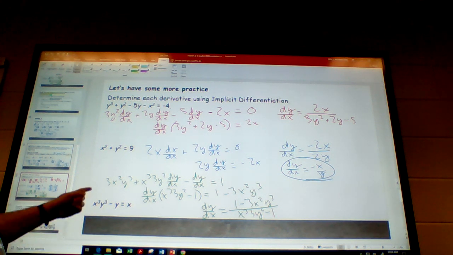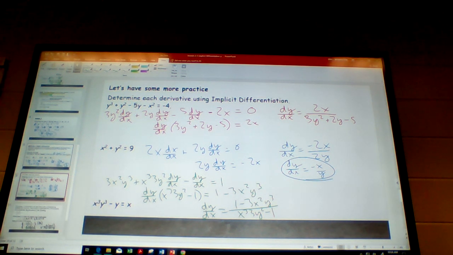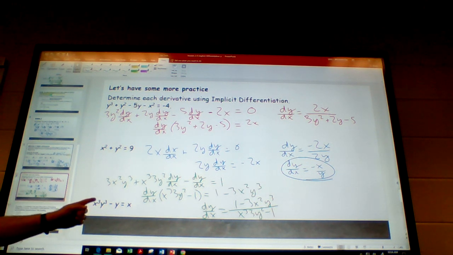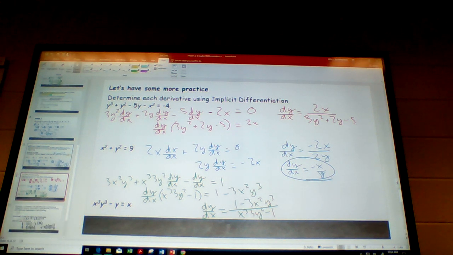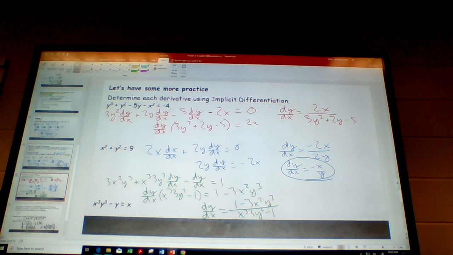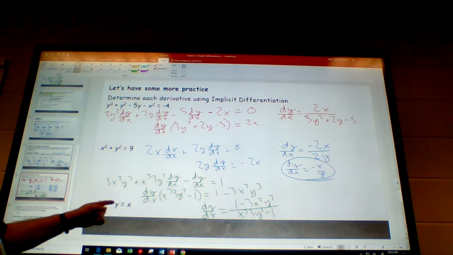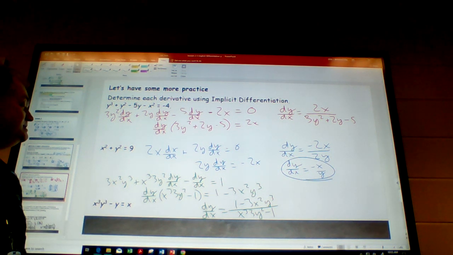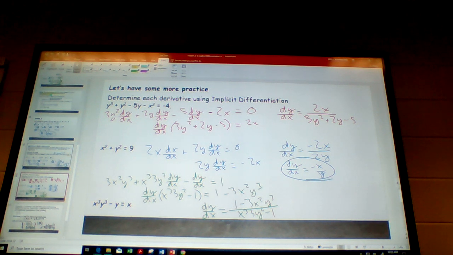And then the same thing here, the one in green. Using the product rule, the derivative of x cubed y cubed is 3x squared y cubed plus x cubed times 3y squared dy/dx, minus the derivative of y, which is just dy over dx, and the derivative of x is just 1.